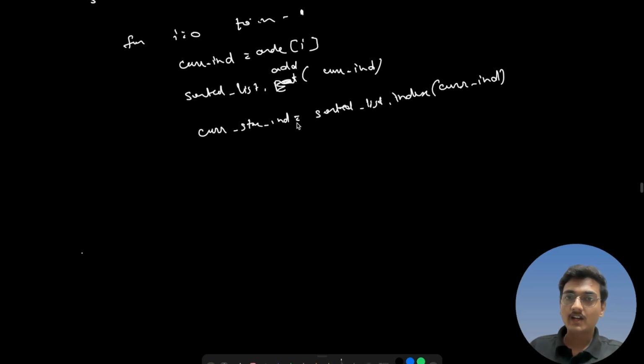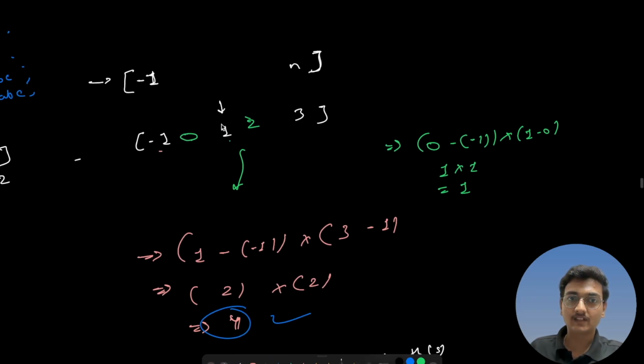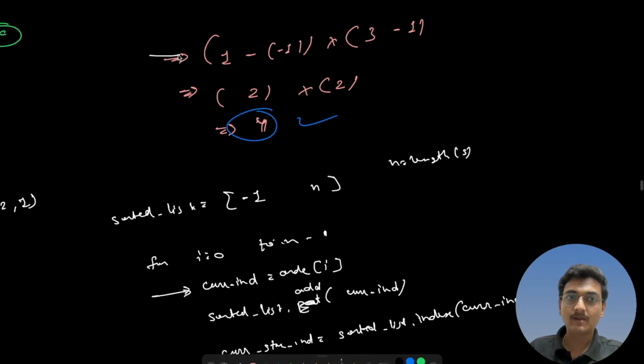Now I have this current index. I know that I have this left star index, so I can go here. I have this right star index, I can go here. And let me apply this formula.